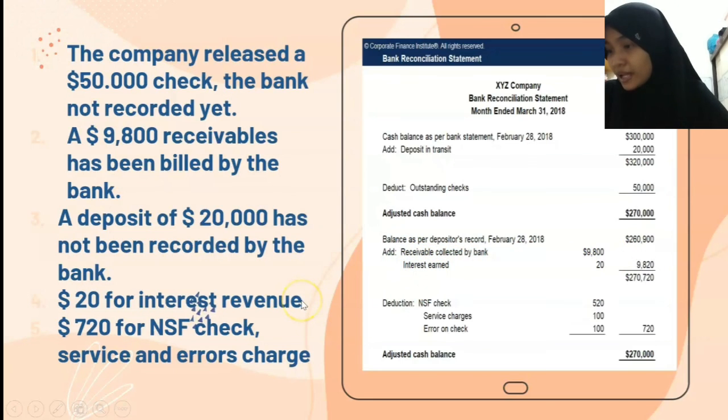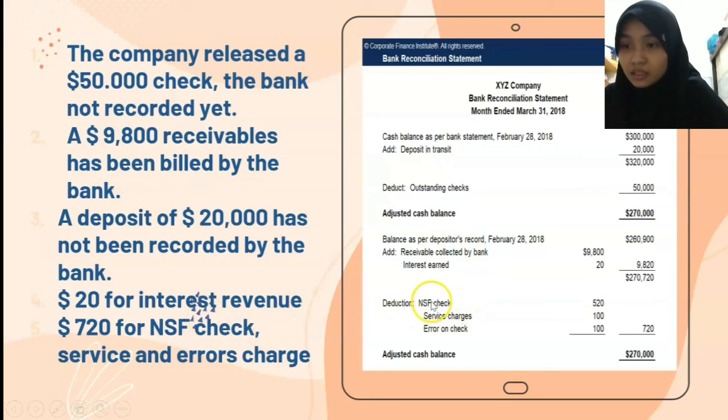And then the last, 720 for NSF check, service, and error charges. Here, the company doesn't know about the expense, so the company has to record it as an expense.